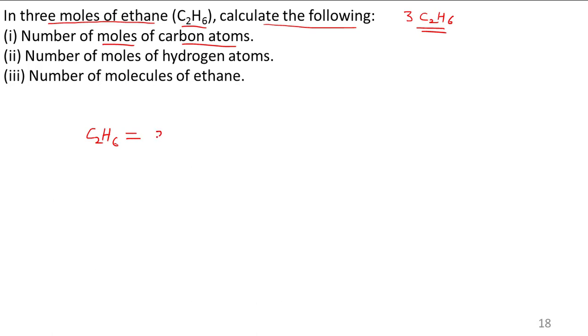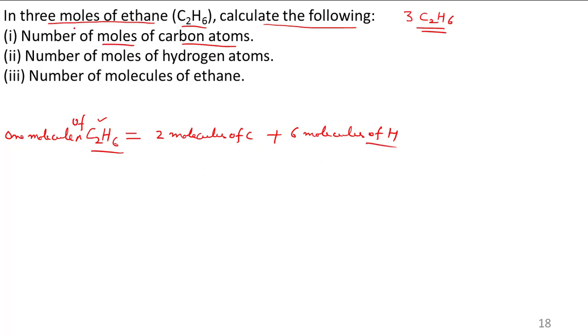It has 2 atoms of carbon plus 6 atoms of hydrogen. So this C2H6 molecule, 1 molecule of ethane, has 2 atoms of carbon and 6 atoms of hydrogen.